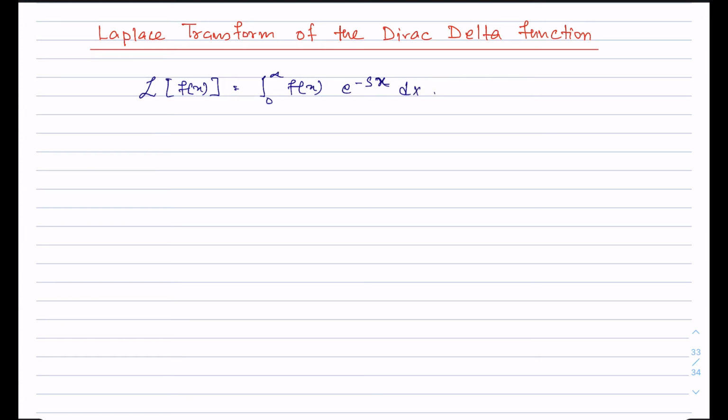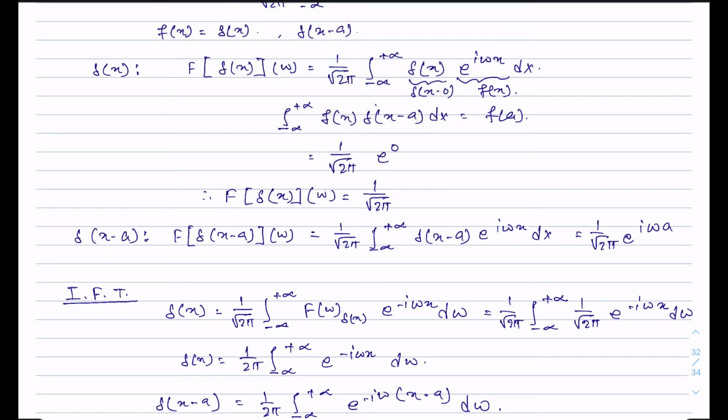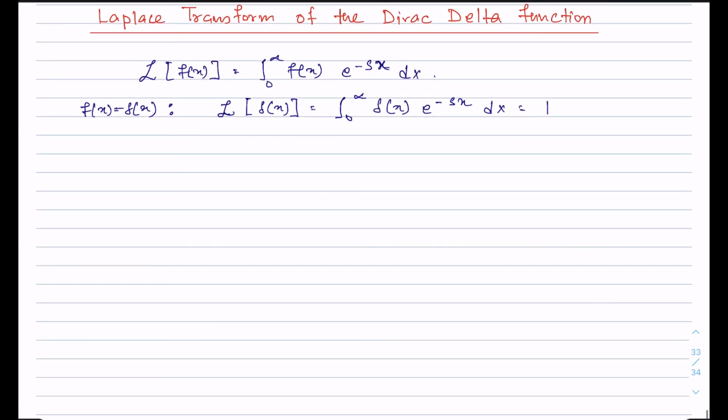So if f(x) is delta(x), then the Laplace transform of delta(x) will be the integral from 0 to infinity of delta(x) e to the power minus sx dx, which is equal to 1, again using this property. Using this property, you can say that this integral will be equal to 1.